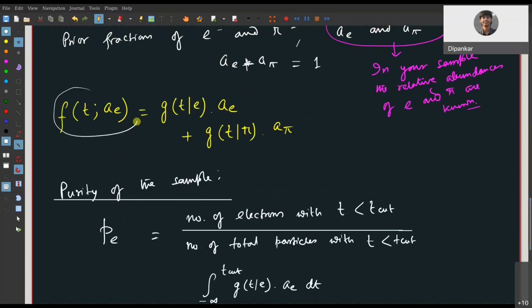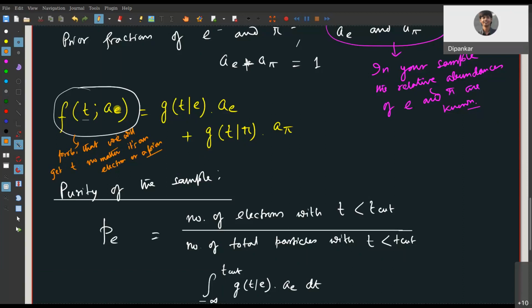This is basically the probability that I will get an ionization length of T no matter whether it is an electron or a pion.